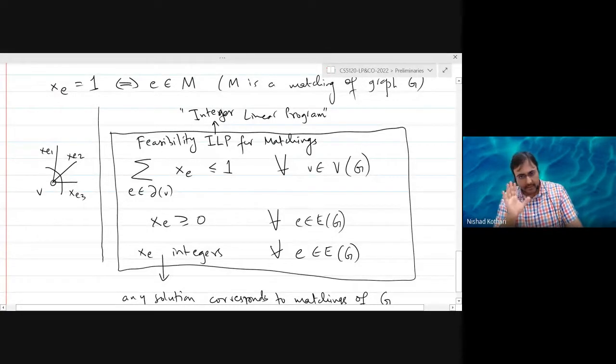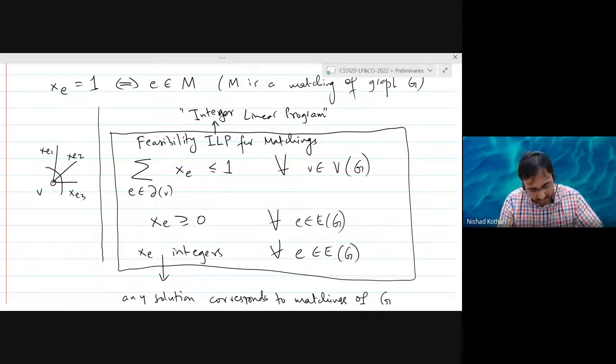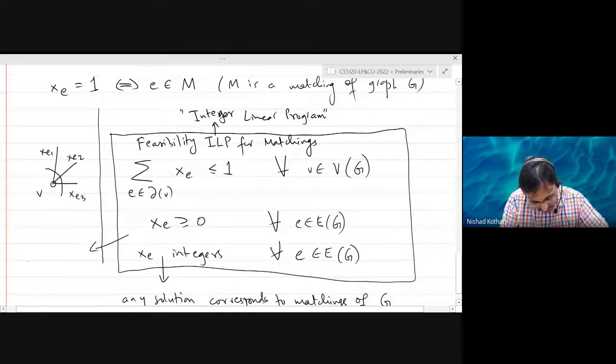Okay, the point is every solution to this system is a matching, and every matching corresponds to a solution of this system. And this is a bijective correspondence, right? So for any two different matchings, you will get two different solutions and vice versa. So this is simply a different viewpoint for the matching problem.